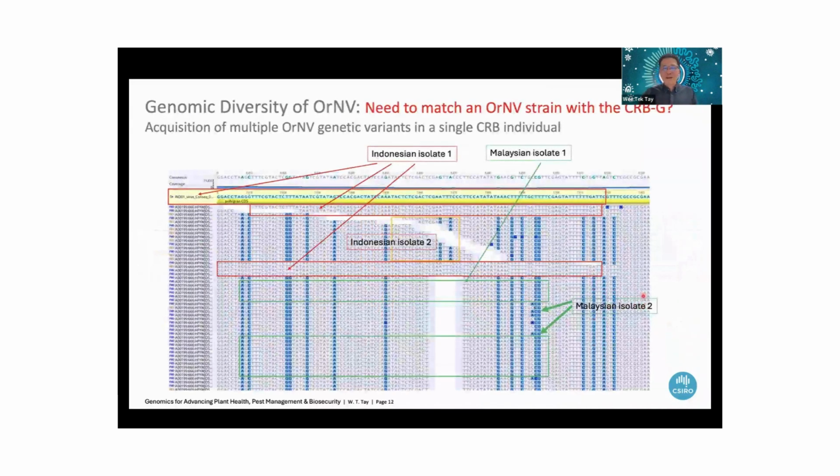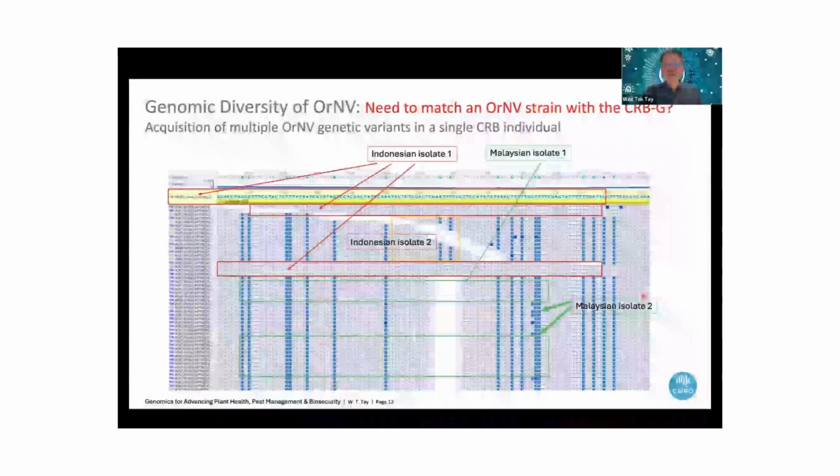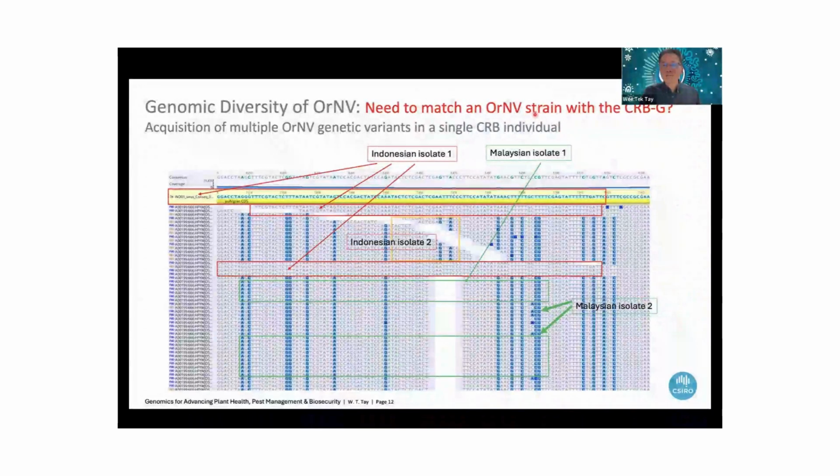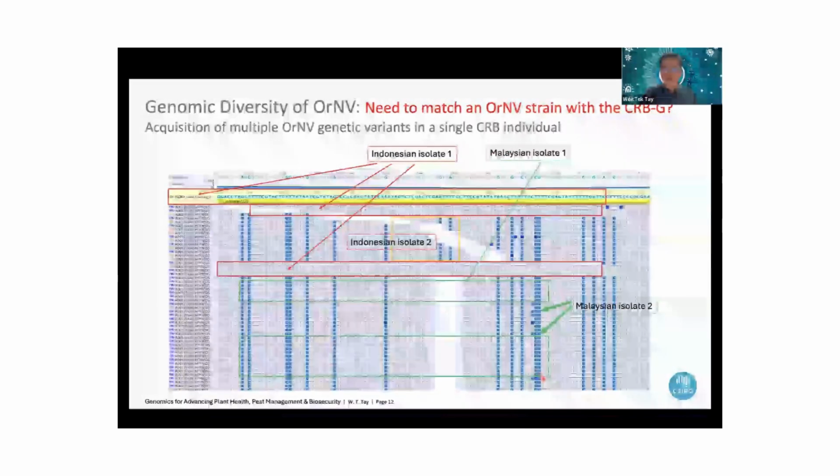And finally, the need to match one strain of the specific virus to combat CRB: is that the way that we should be moving? If we look at a real-life scenario where we are looking at one CRB individual, we can detect many different virus isolates being present. In this case, we have, for example, a Malaysian isolate sequence here and a second isolate sequence here.